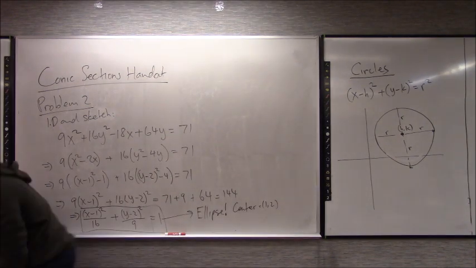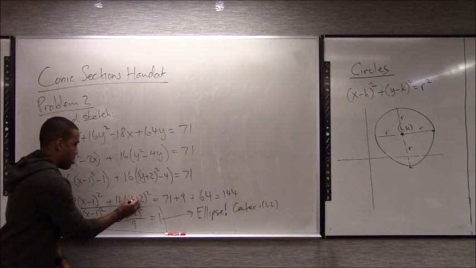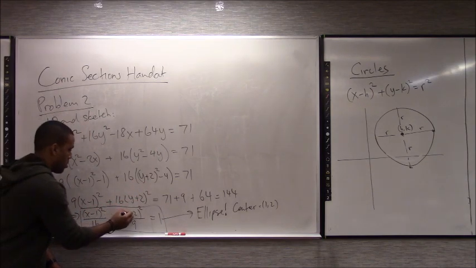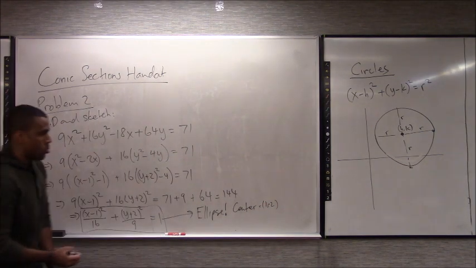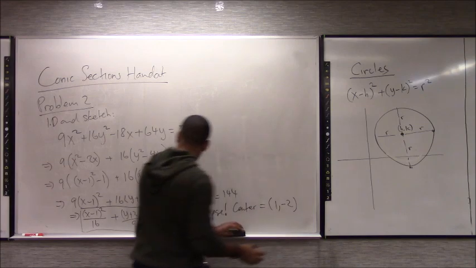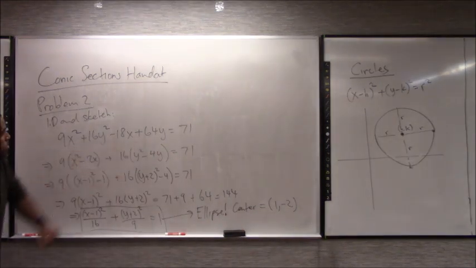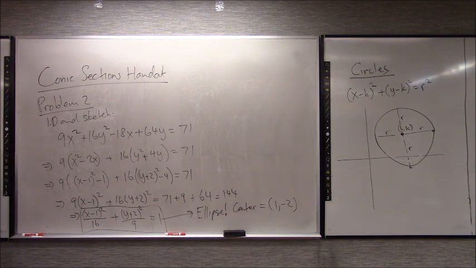It is elongated horizontally. Actually, I think it's supposed to be y plus 2 squared, not y minus 2 squared, because it's a plus 4y. So the center is 1 comma minus 2. That's plus 64. So that's an ellipse; it has the right form.